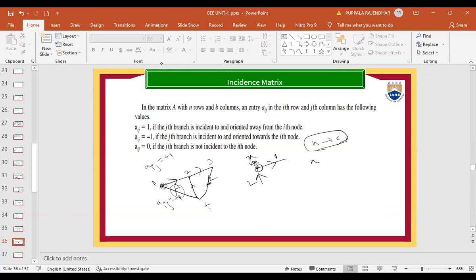For node x, node to element 1 entry, we will take +1 here. Node x to element 2, what will we take?